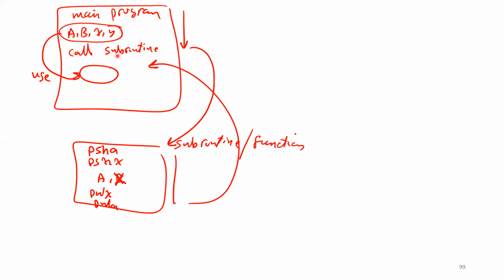Your program is not going to work, because here, after the subroutine, you are thinking X is pointing at a certain location in memory, but no, you already damaged it, because when you went to the subroutine, inside the subroutine you used A, B, X, Y, and you damaged them, right? So how can we solve this problem?